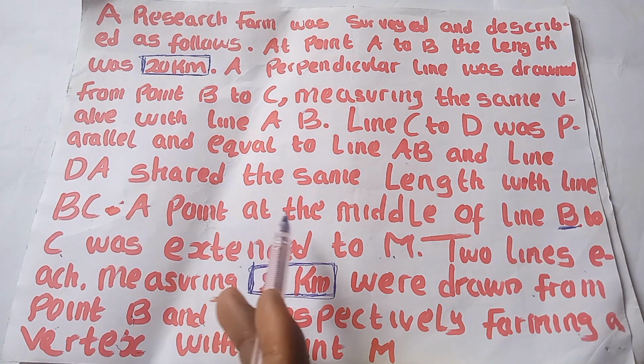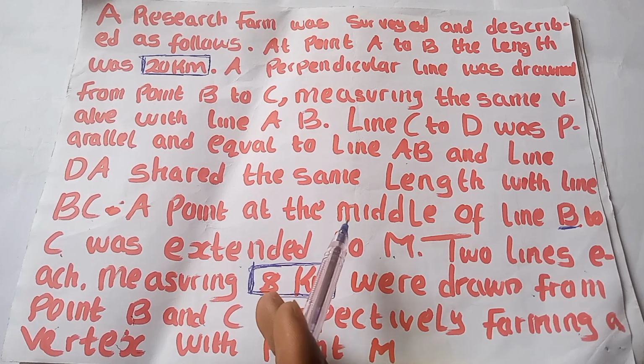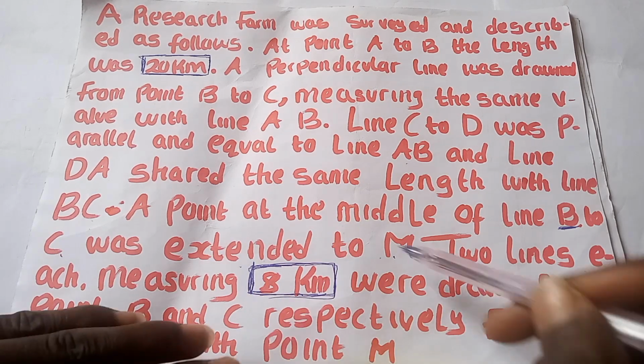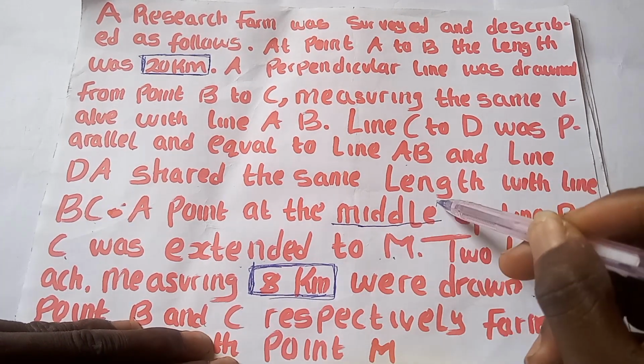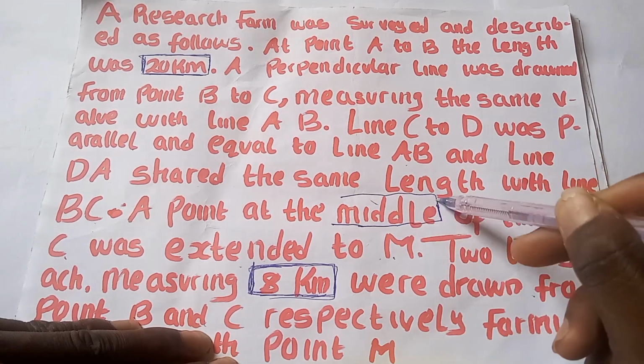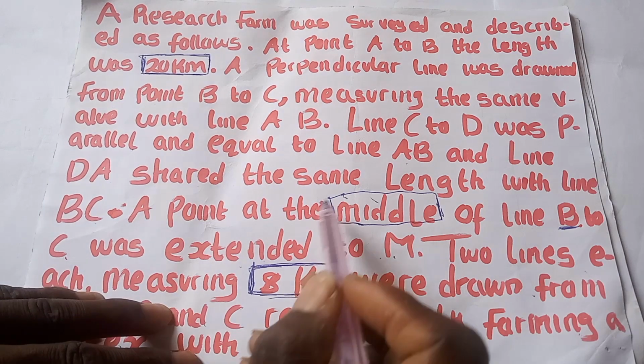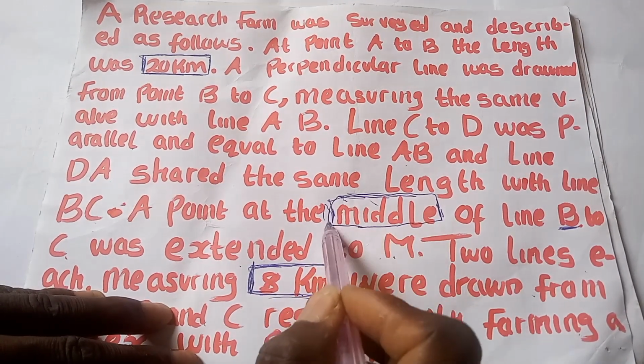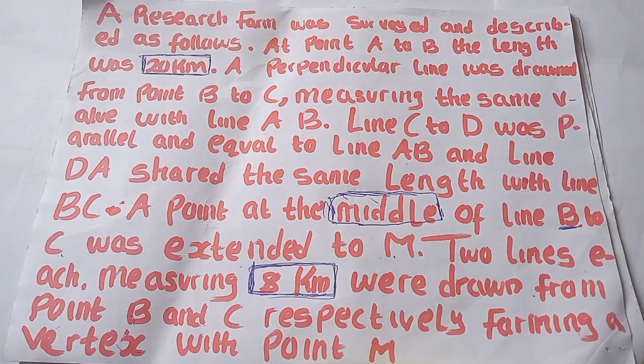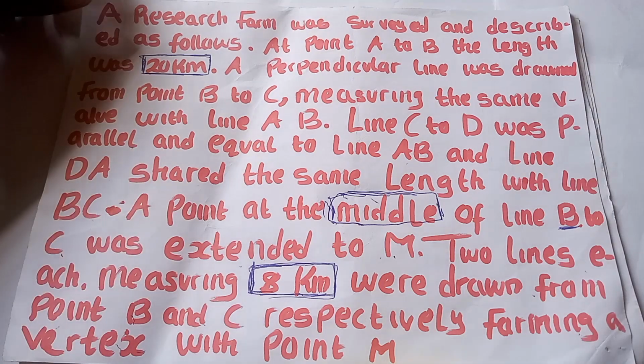A point at the middle, not just any point. A point at the middle. Take note of this. A point at the middle of line B to C was extended to M.